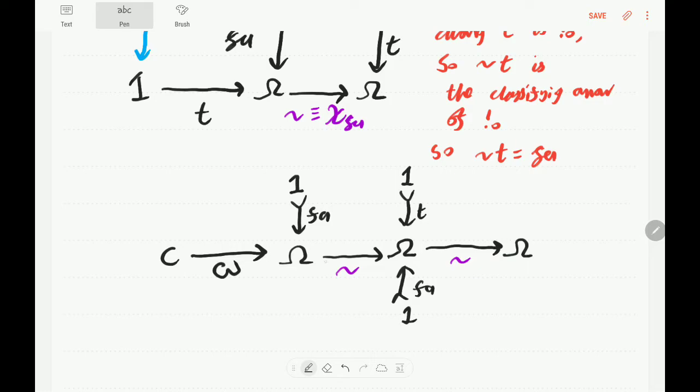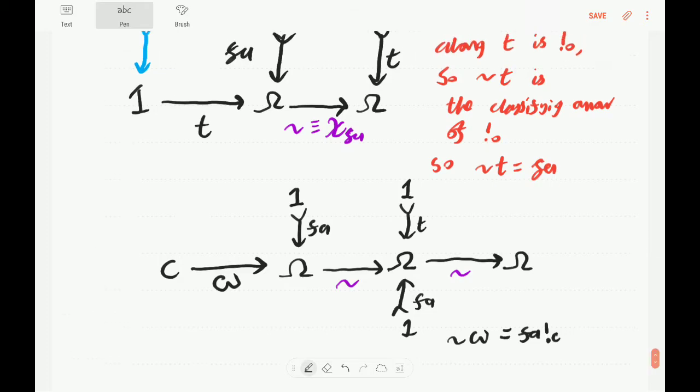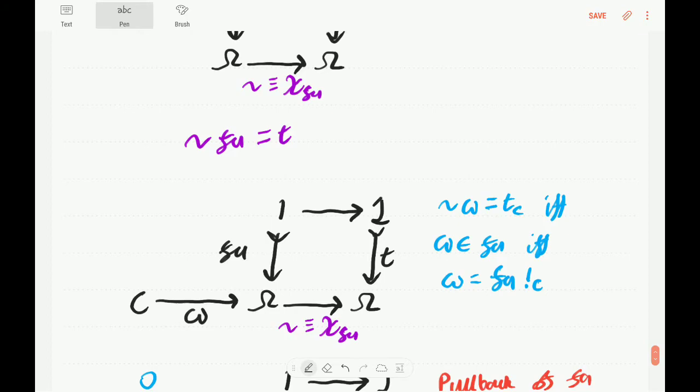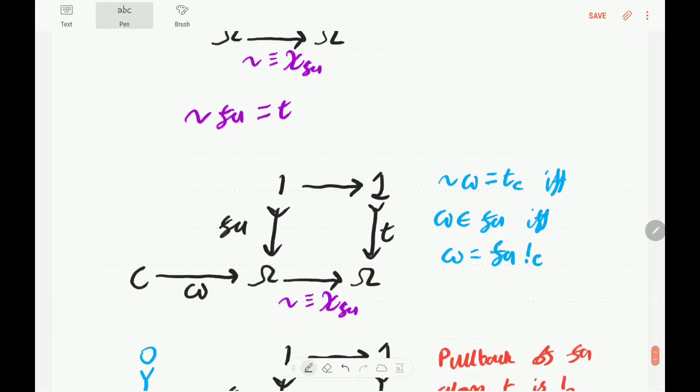Now, if going back up here, we know that W is false, then we know that not W is true.